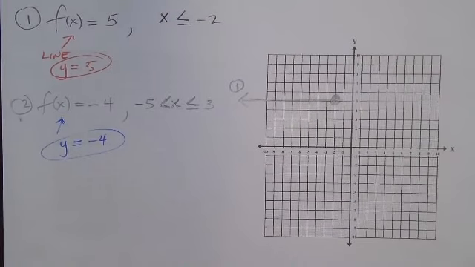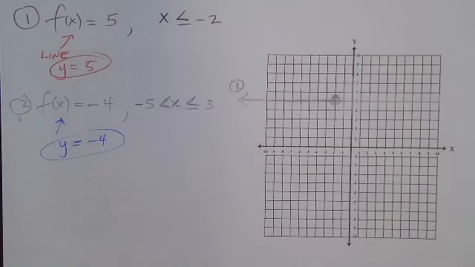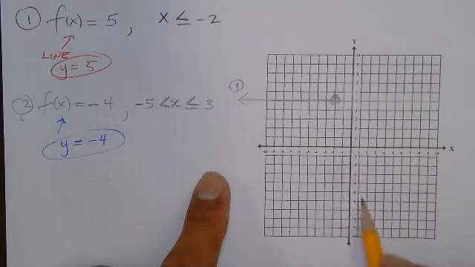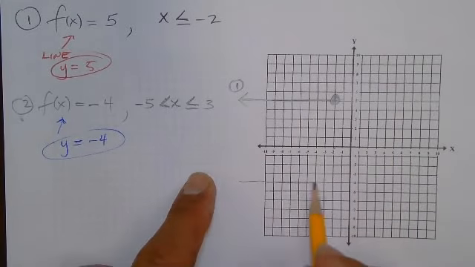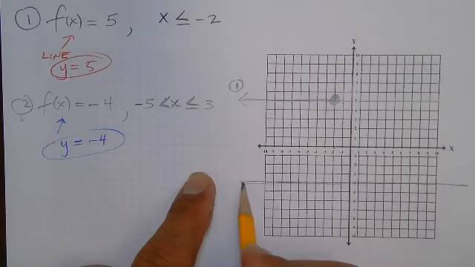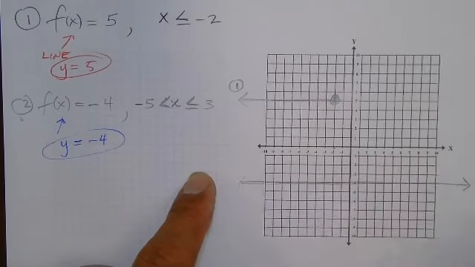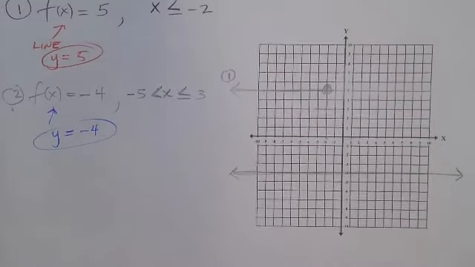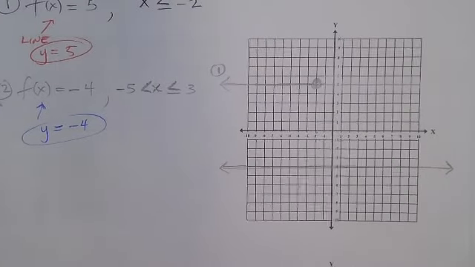I'll graph that line first. Again, when you do this on Delta Math, you're not going to be able to do the whole line, but right now we have a pencil and eraser. Go to y, go to negative 4. It's another horizontal line right there, isn't it? Go ahead, trace it lightly, and then we're going to erase some part of it.